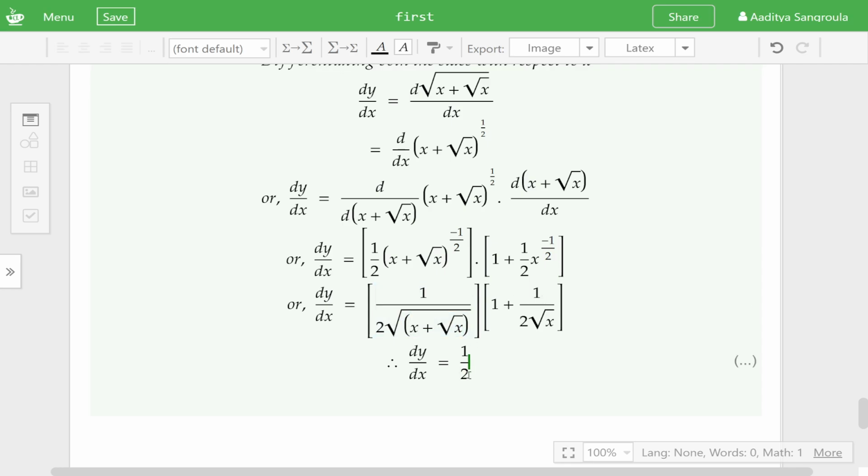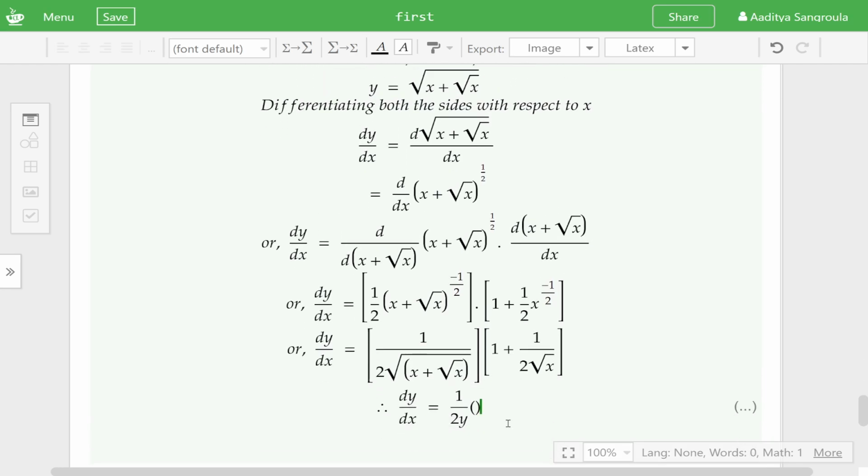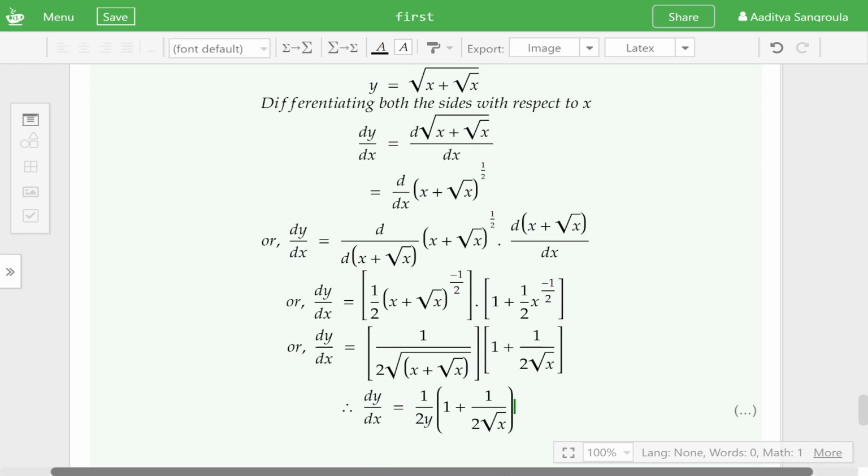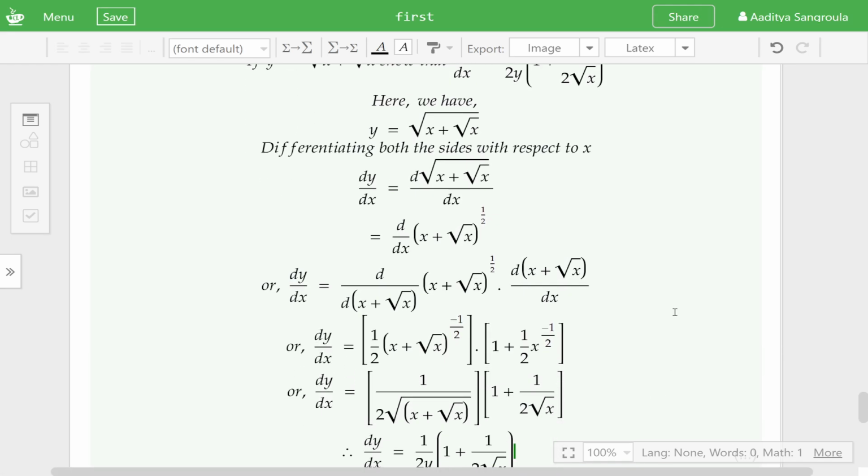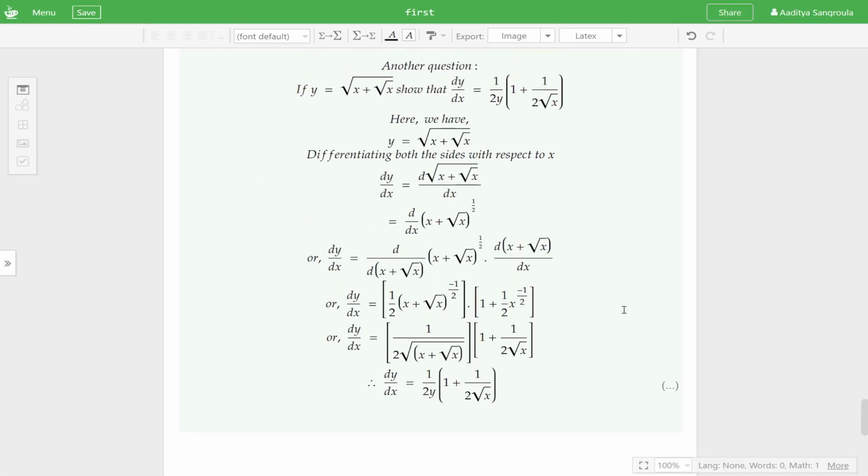It's y, right? 1/2y times, we're trying to get the same form, plus this. Okay, so this is exactly what we needed, and also exactly what we got. So we have proved that.